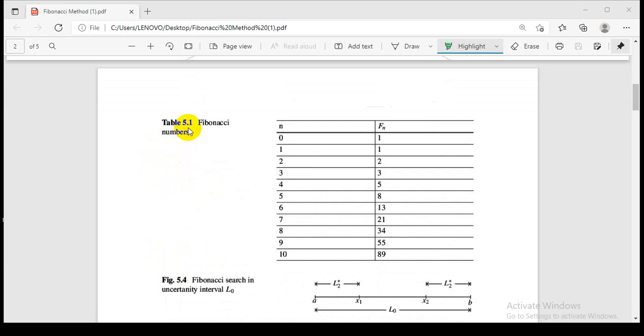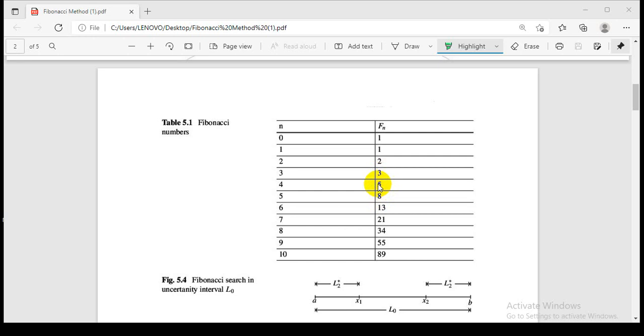Table 5.1, Fibonacci numbers. This Fibonacci sequence: F0 equals 1, F1 equals 1, F2 equals 2, F3 equals 3, and F4 equals 5. Why? Because 3 plus 2 equals 5. And after that 8. We get 8 because 5 plus 3.